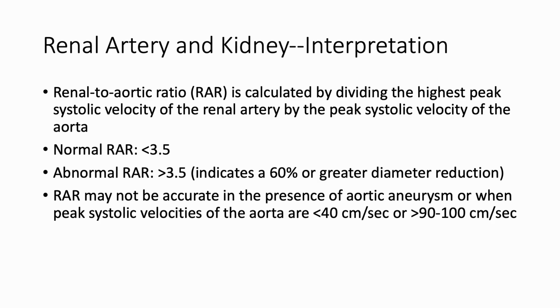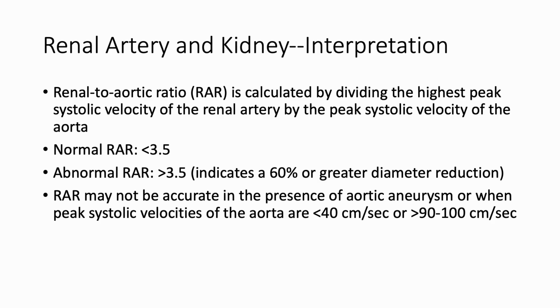That's why we always start our renal artery exam with a pulse wave Doppler of the prox aorta. And back to this, the highest peak systolic velocity of the renal artery: you take the highest prox, mid, distal, whatever velocity is highest, and you use that for your ratio, RAR.